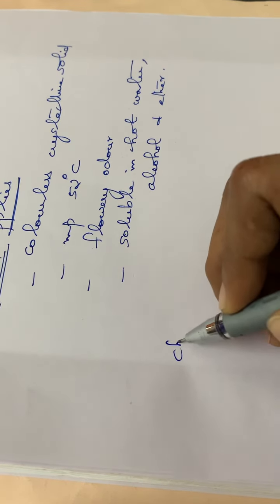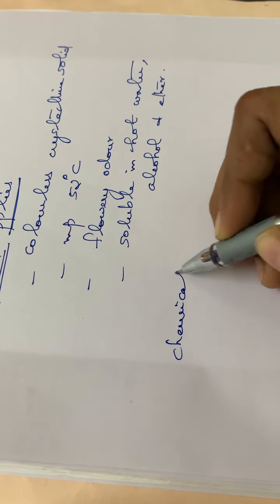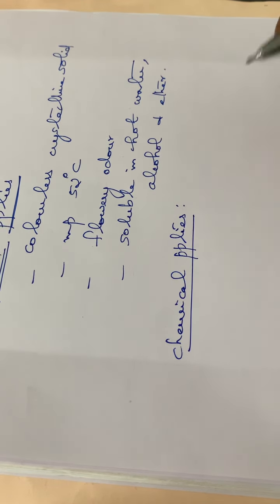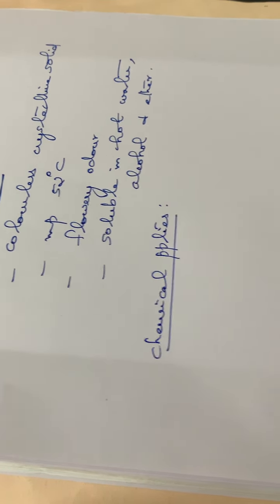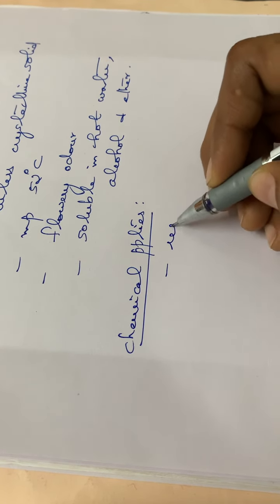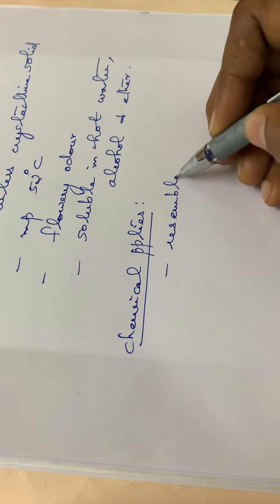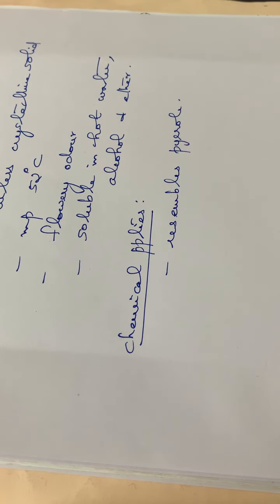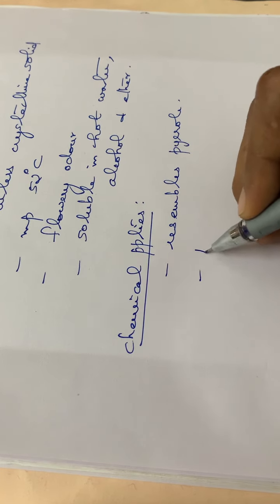Then the next is chemical properties. Chemical properties means the reactions which quinoline is giving. Not quinoline, indole is giving. So almost it resembles pyrrole in the electrophilic substitution reaction.